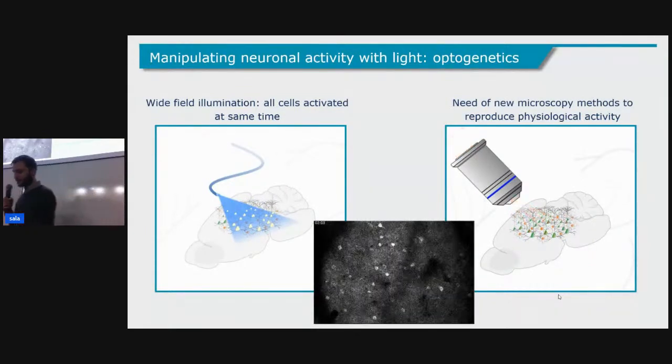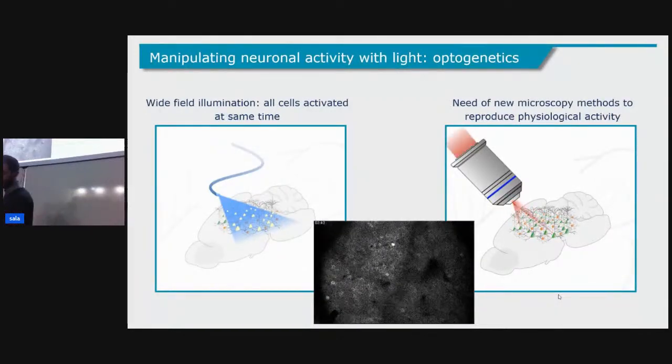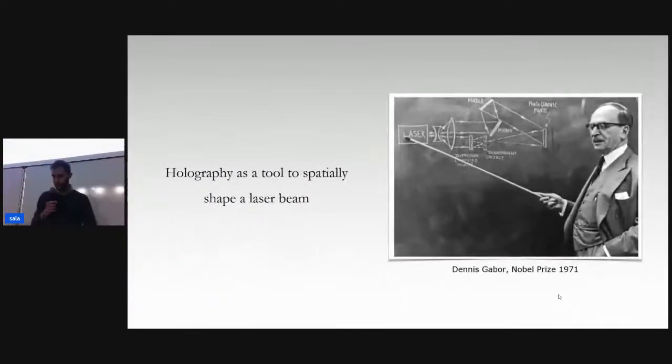So I'll spend the next couple of minutes explaining how we can achieve this by using a digital version of holography. Differently from the previous talk, I'm going to use holography to spatially shape a laser beam.